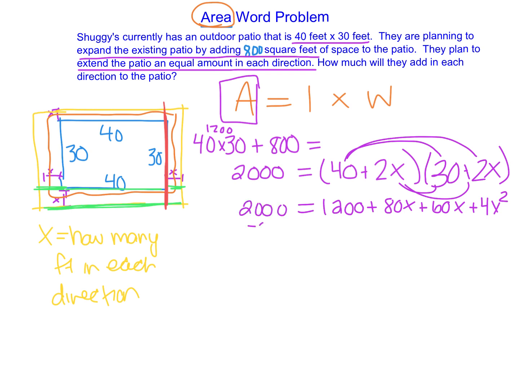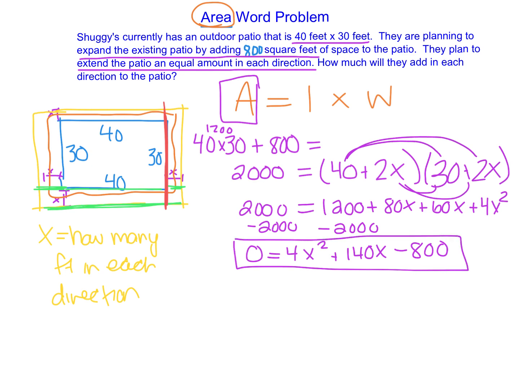And then we need to subtract 2,000 from each side, so we get the 0 on the left. And then I'm going to rearrange this as I write it. So I'm going to have 0 equals 4x squared plus 140x, and then that becomes minus 800. So this is the equation that I am currently dealing with.